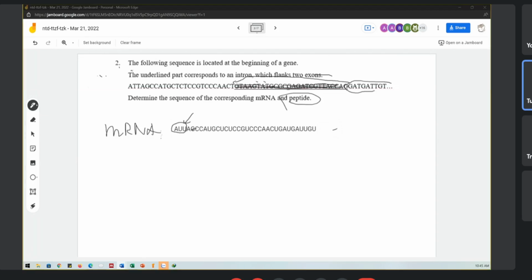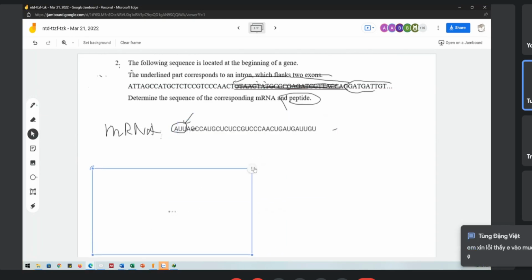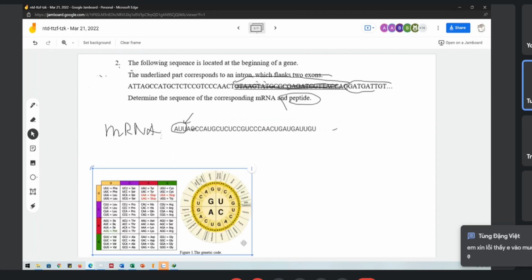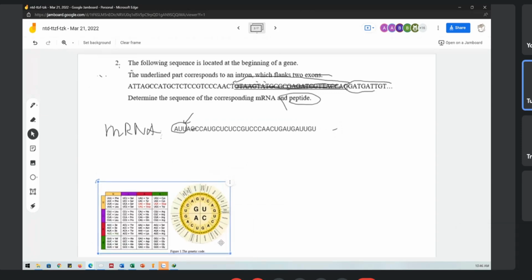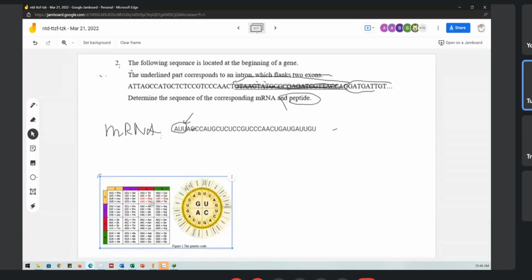the table comes up. Okay, and we can see here you have to find the start codon, and the start codon begins with AUG, or methionine here. And you can easily see that AUU is not the start codon.